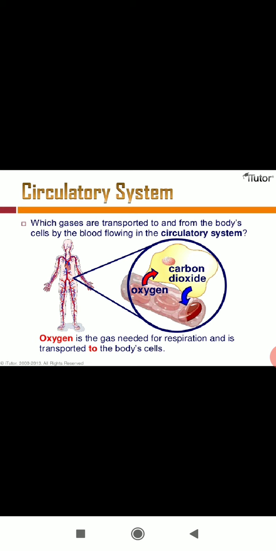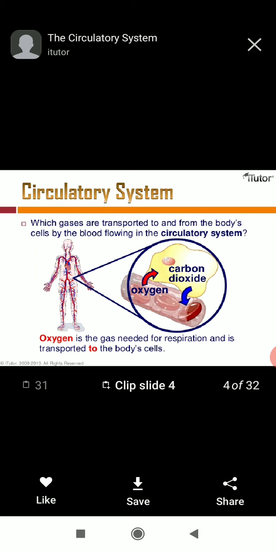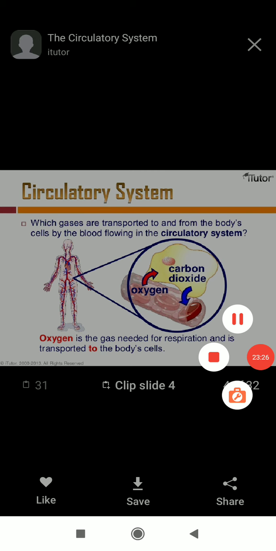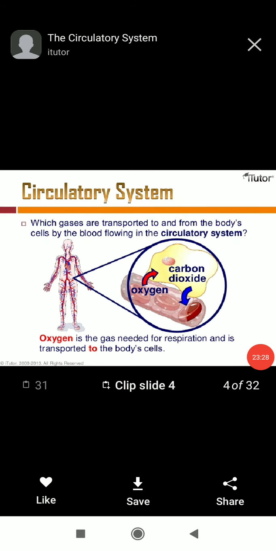Now, we are going to discuss some special features regarding the circulatory system in human being. So, first of all, what is circulatory system? Circulatory system in human is also known as blood vascular system. It consists of a muscular, chambered heart, and we all know we have the 4 chambered.